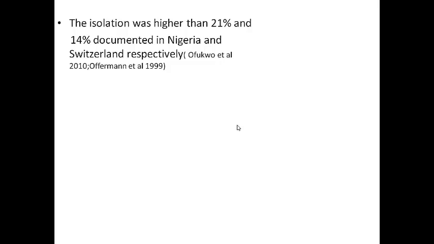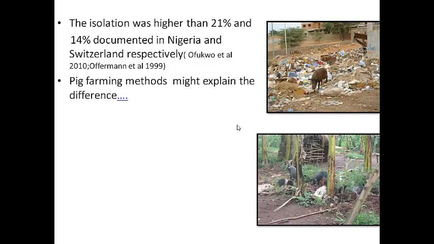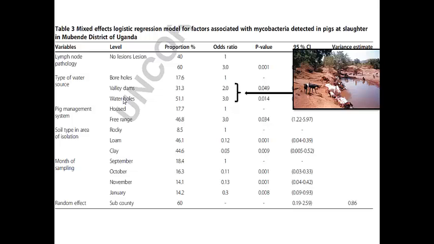This isolation was much higher than what has been documented in Nigeria and Switzerland, and we believe that this is due to the difference in animal management. I mean, pigs in these areas are left to roam around to fend for themselves and look for food. So when we ran a mixed logistic model, we found that pigs from households that got water from valley dams were 2 to 3 times more likely to have non-tuberculous mycobacteria within them.